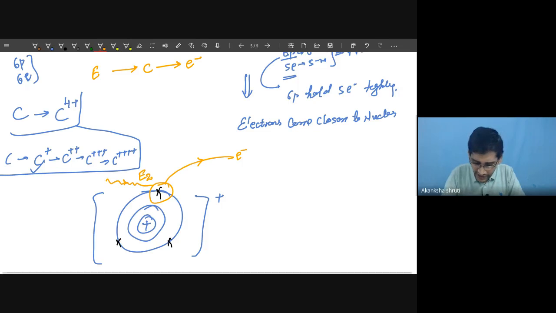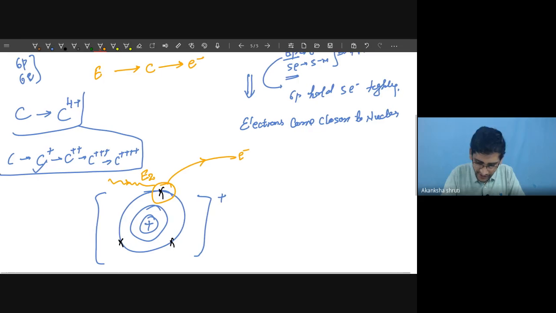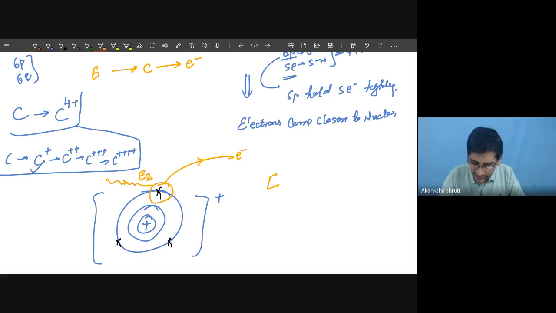So will this E2 be the same as E1, or will E2 be greater or lesser than E1?